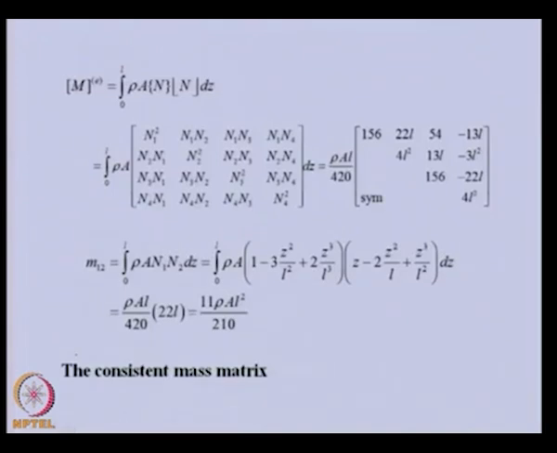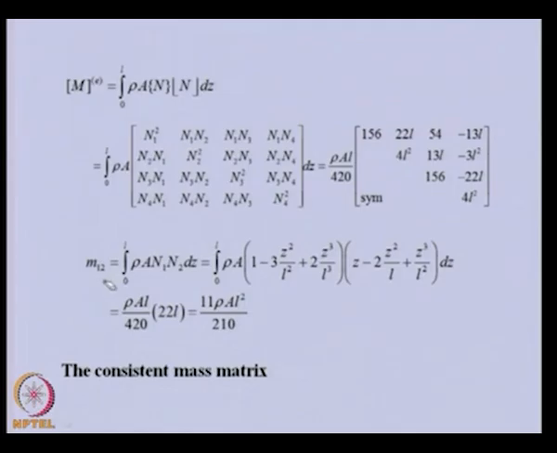Now, coming to the mass matrix, we have these two multiplications. If we integrate these terms, we will get this as the mass matrix. This is also a symmetric matrix and is fully populated, and that is why we call this the consistent mass matrix and consistent stiffness matrix.